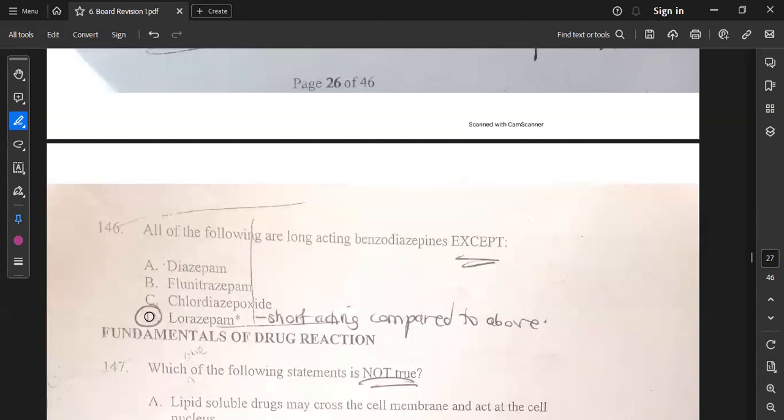Sedatives and hypnotics. If we don't get someone talking to us about sedatives and hypnotics, I'm volunteering someone.